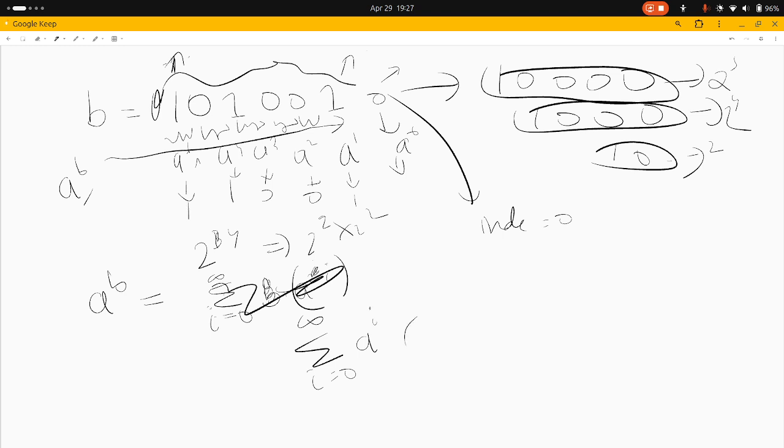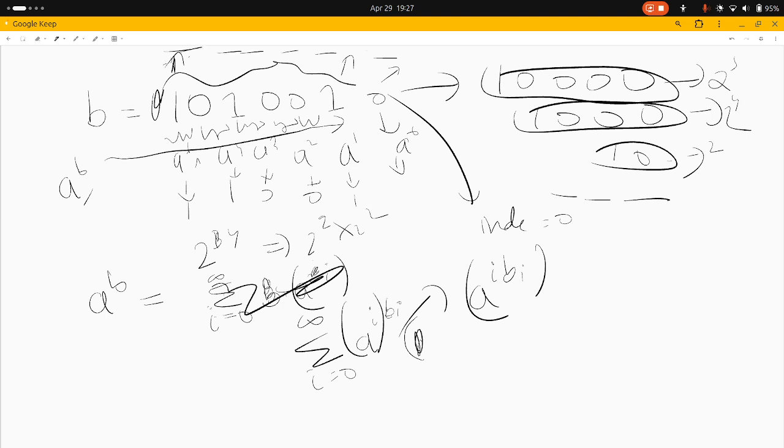And here it would be b of i. So what this thing makes is a power i, b of i. It traverses each of the bits 0, 1, 2, 3, 4, 5, 6.